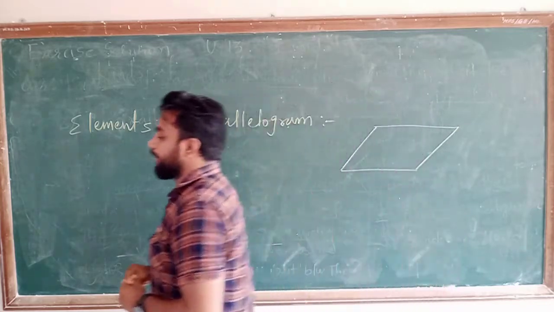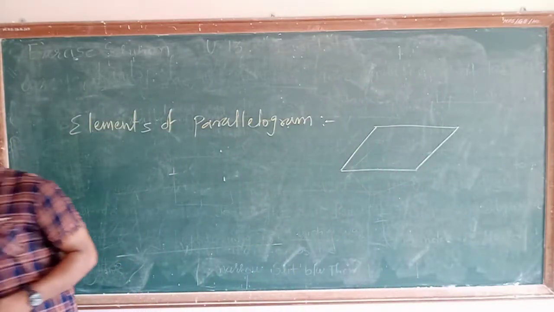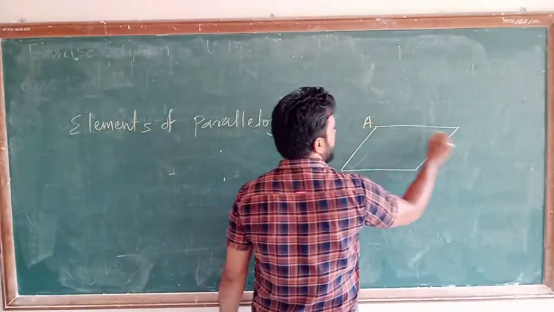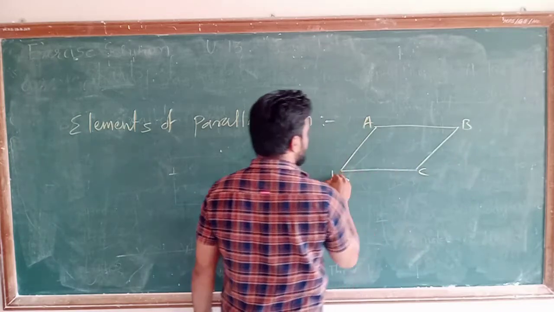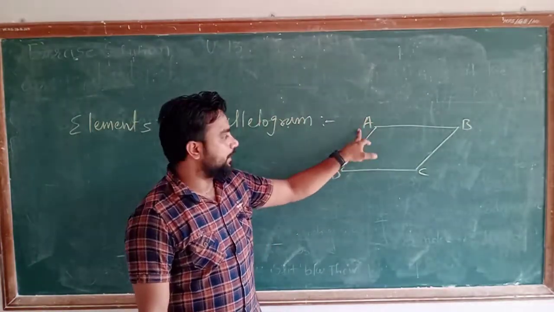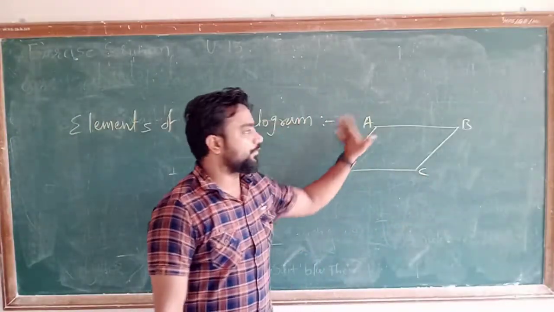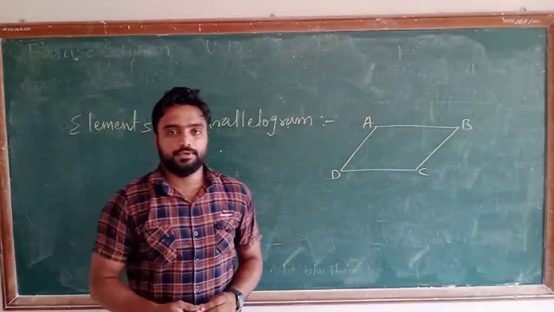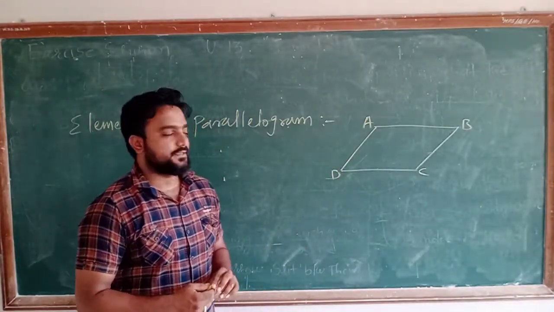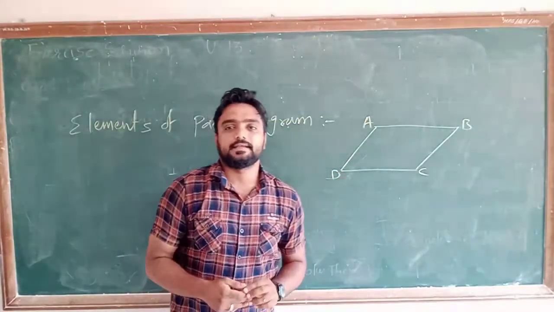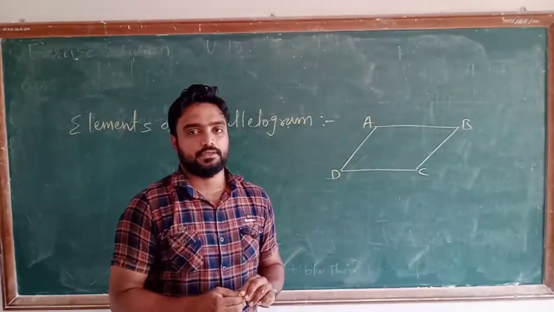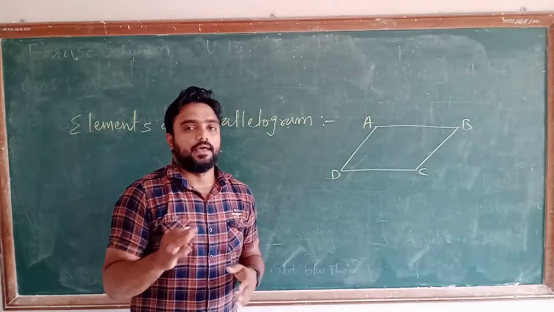According to the figure, suppose I am giving the name to the parallelogram as A, B, C, D. ये जो parallelogram है उसको मैं नाम देता हूँ A, B, C, D. These four are the vertices of the parallelogram. Understand or not? Okay, first thing, which sides are opposite sides, कौन सी sides को हम opposite sides बोल सकते हैं, or you can say pair of opposite sides.